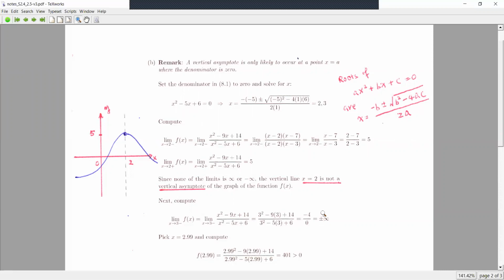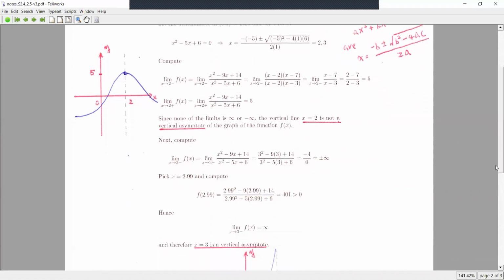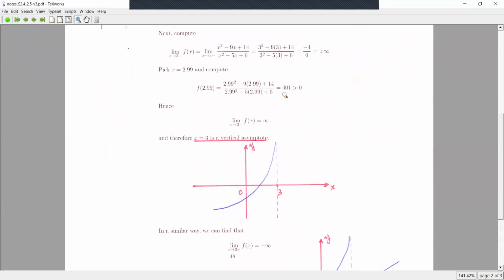To determine positive or negative, we pick a point very close to 3, but on the left side. Say, pick 2.99 and evaluate the function value at 2.99. Then we get that the function value is positive. So when x is close to 3 and on the left side, the function value is positive.